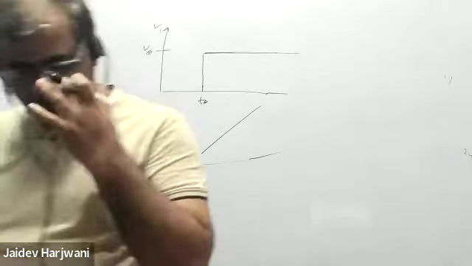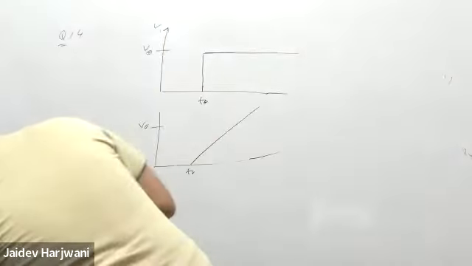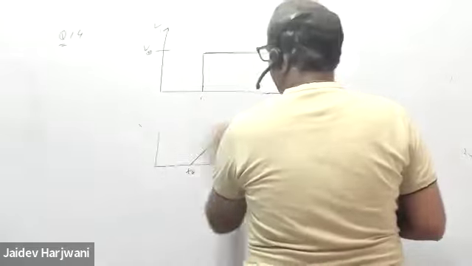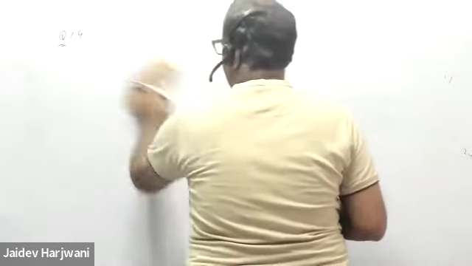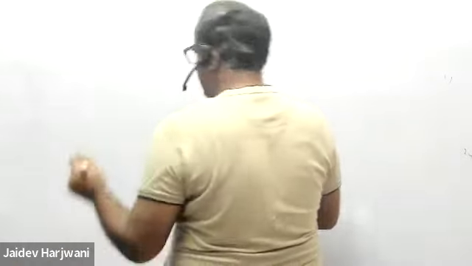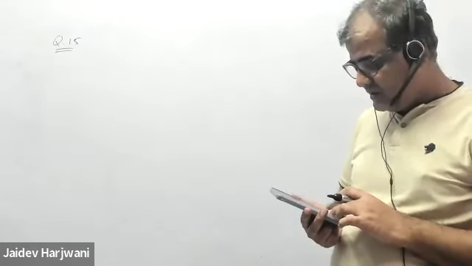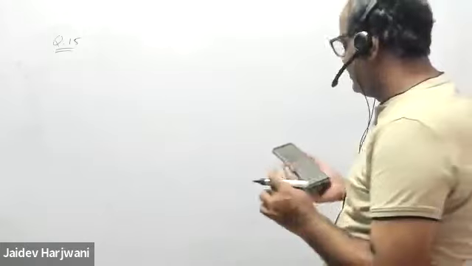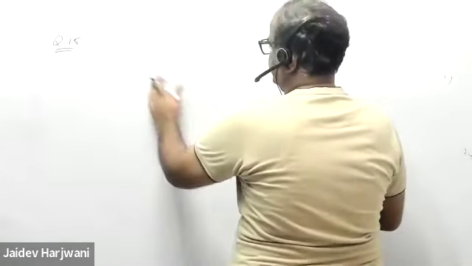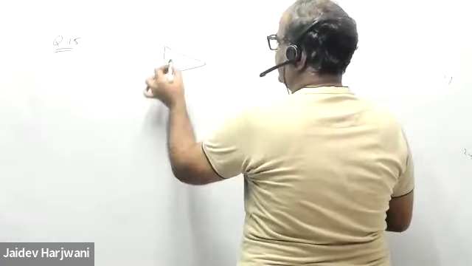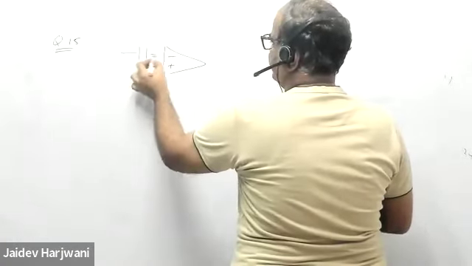Question number 15. Question 15 says, consider the differentiator circuit shown in the figure where RC equals 1. For the input signal shown below, choose the correct output waveform. Okay, so you have a differentiator circuit.